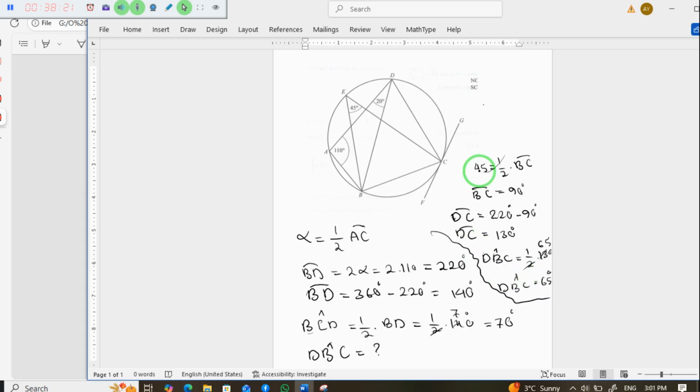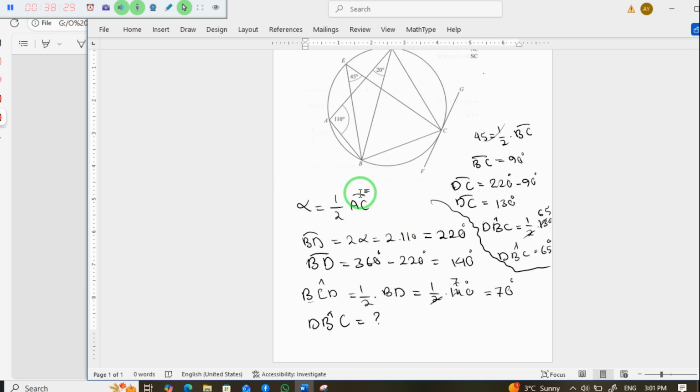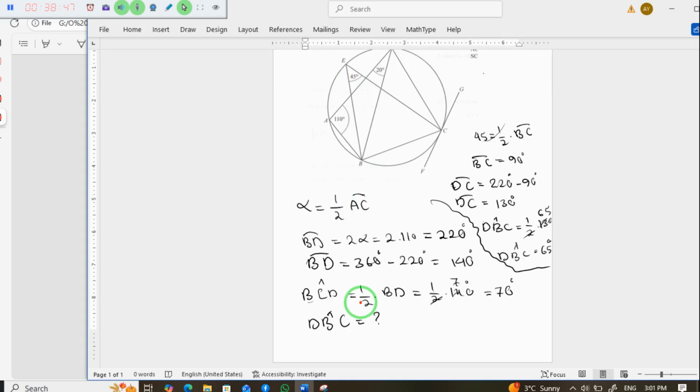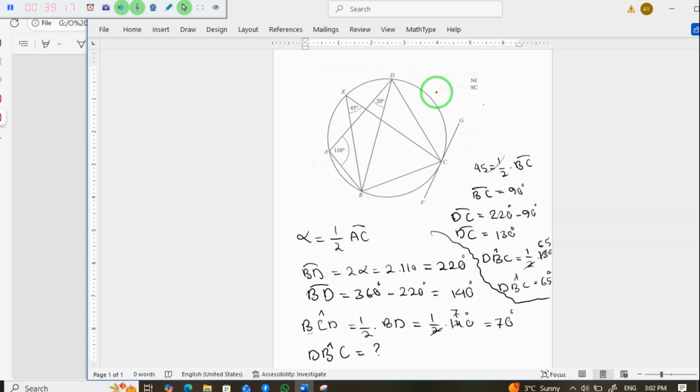This is part B. I want to write some of them because we need them for the next part. I take another color. So now we have DBC here. We write the arc DC, the amount of DC is 130 degrees. And we also calculated BC is 90 degrees.